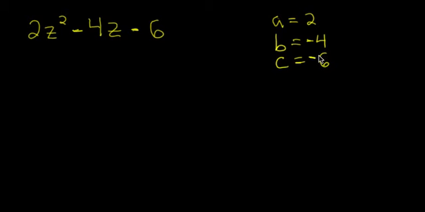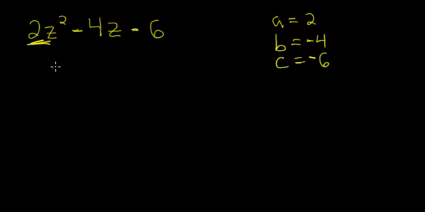Well, we want to reverse the FOIL process. And in the FOIL process, the leading terms create the a term. So we're going to need 2 times z and 1 times z to get this. But there's a way that we can process this through, especially if this leading term has many factors.